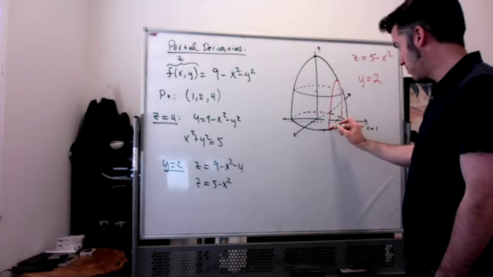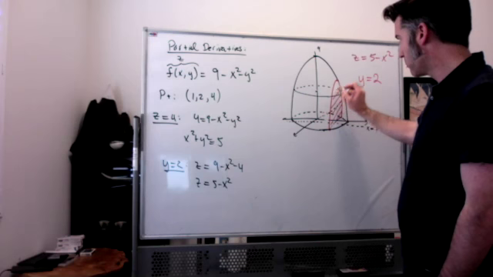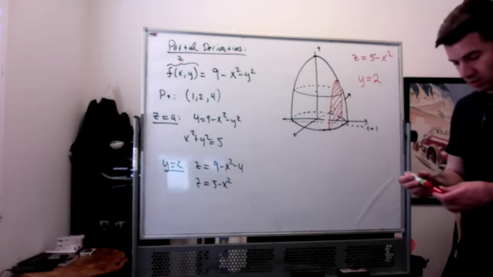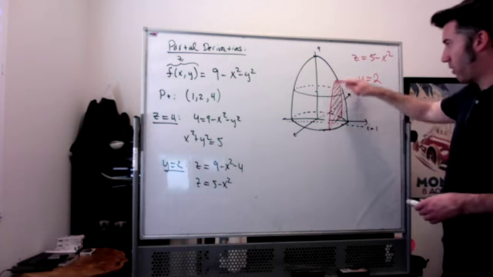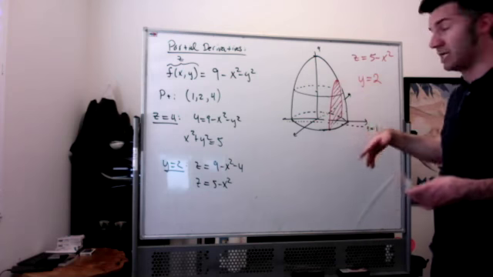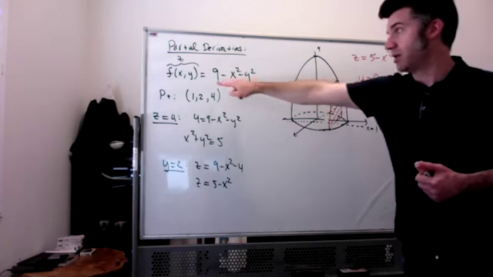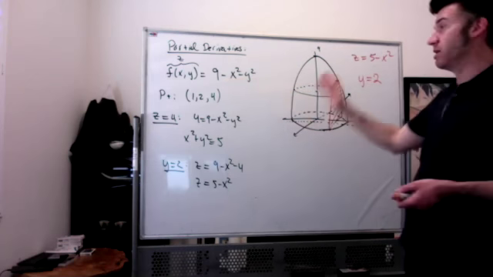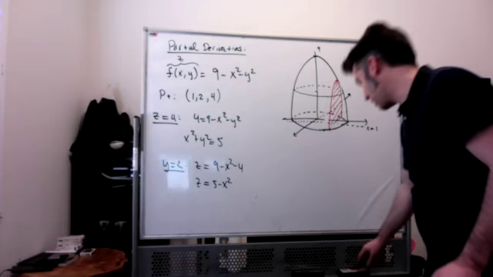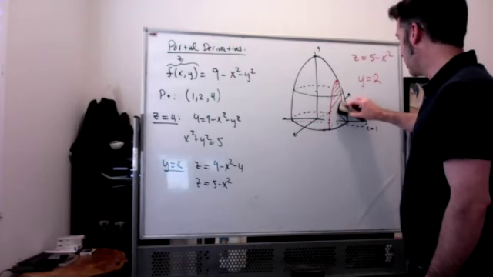There's the plane y equal to 2. This parabola is the intersection of the surface 9 minus x squared minus y squared and the plane y equal to 2.